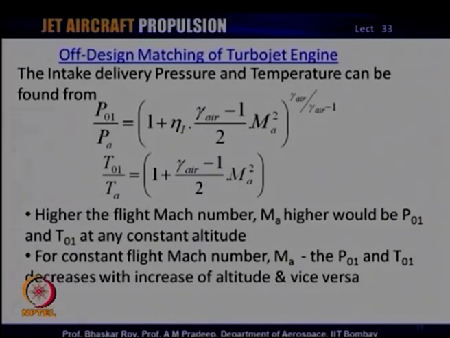That means, as you go higher up in altitude, your PA and TA are going down. So, if your Mach number is constant, your P01 and T01 are going to come down, and of course, vice versa. So, these are the intake conditions with which you start your turbojet engine configuration.